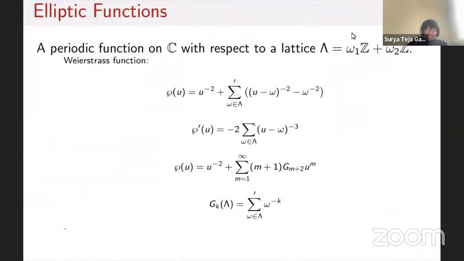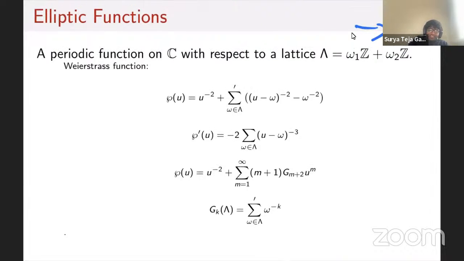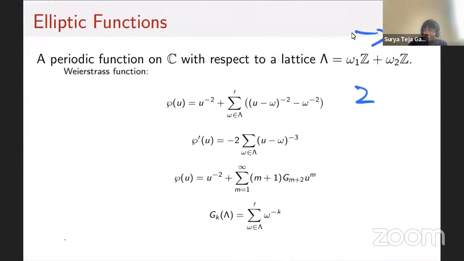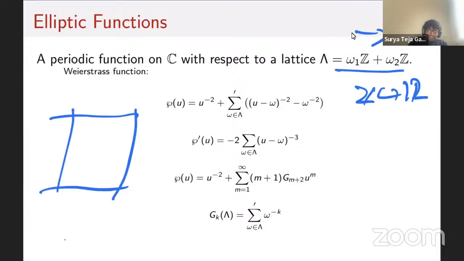Okay, so that's the first time people saw some sort of modular forms. And next, there are other places. Instead of looking at Z inside R, you can take any lattice inside the complex plane, some lattice generated by W1 and W2, and consider functions which are invariant under the action of the lattice.